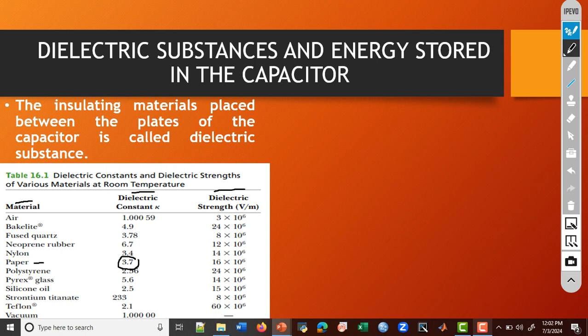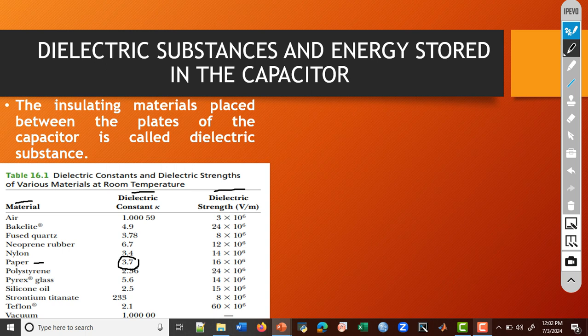Here you can see different values for the dielectric strength of different materials. For air here you see 3 times 10 to the power 6. For bakelite, 24 times 10 to the power 6, and so on.